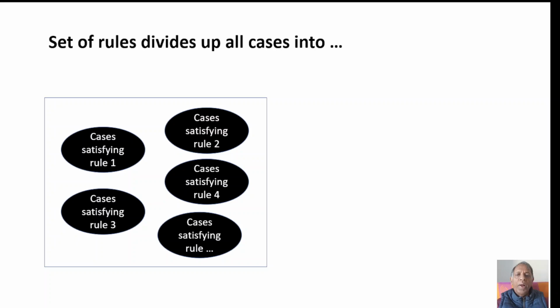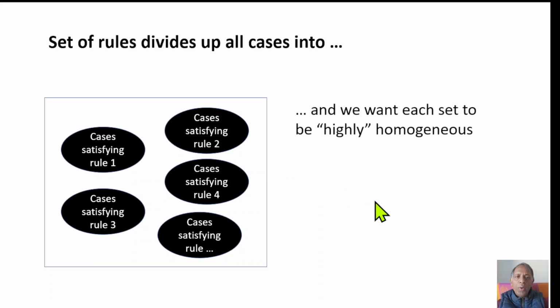So what a tree really does is it takes all the cases in the training partition and breaks them up into a number of buckets. And all the cases in a particular bucket satisfy the same set of rules, right? Because the cases end up in a bucket based on the decisions we make. So ultimately, within a bucket, all the cases satisfied the exact same decisions.